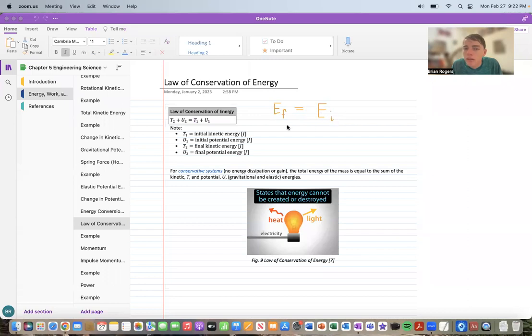And so right here, your final energy, the final kinetic energy plus the final potential energy, is equivalent to the initial kinetic energy plus the initial potential energy. So conservative systems have no energy dissipation or gain. The total energy of one mass is equal to the sum of its kinetic and potential energies.